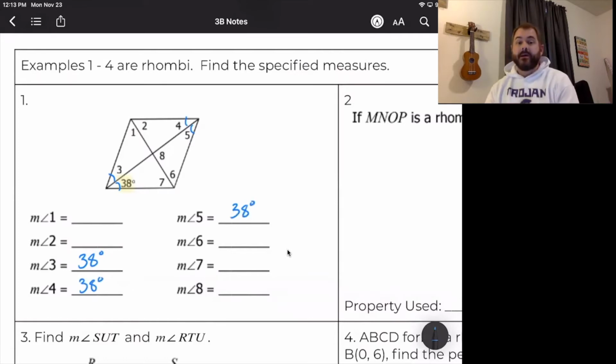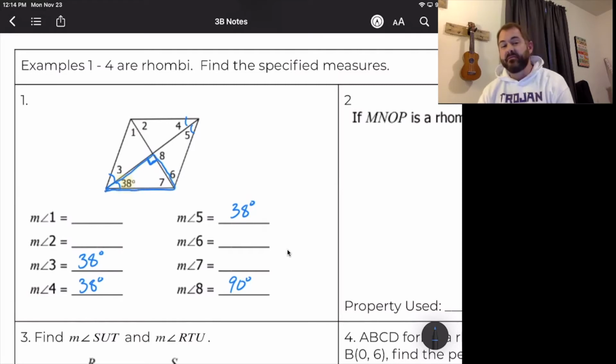Now, we know some other things about the diagonals of a rhombus, and that is that they are perpendicular. Since they're perpendicular, this angle 8 here on the inside where they intersect is a 90-degree angle, because we know all those are right angles. Now remember, we also have right triangles, or four individual triangles. What I want you to focus on is this right triangle here.